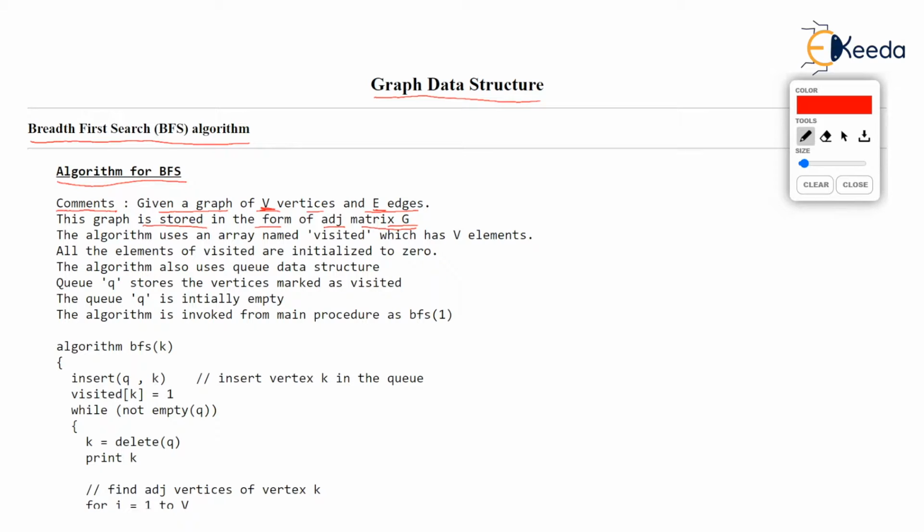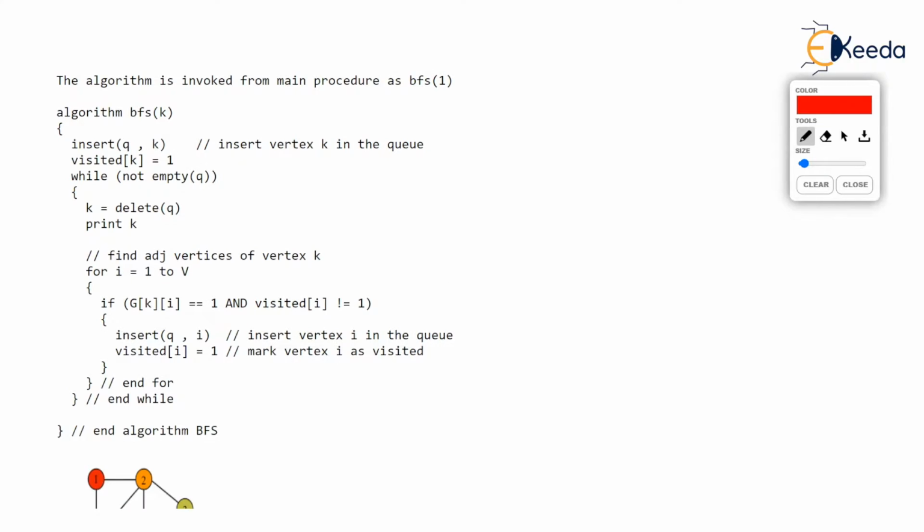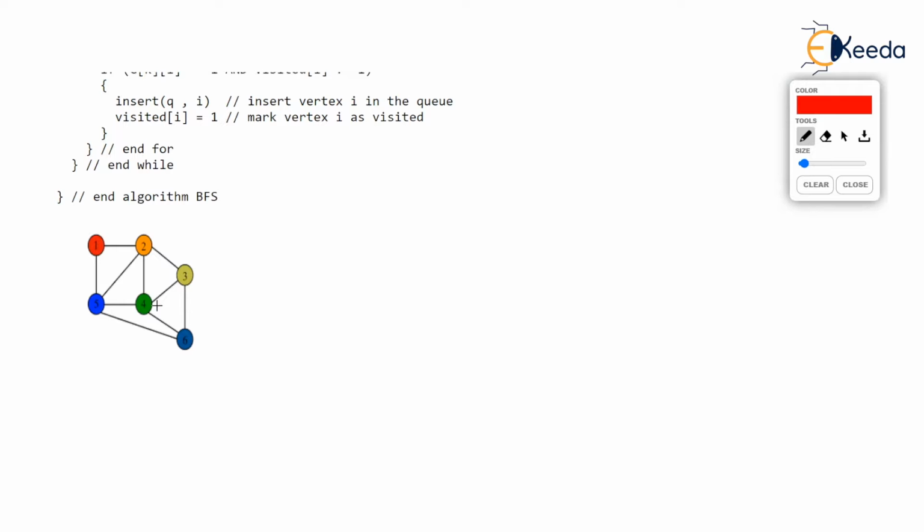So the algorithm mentioned here uses the matrix G. Clearly, the G matrix stores the adjacency of the graph. For this given graph, the adjacency matrix will be 6 by 6. It will contain 6 rows, and the elements of the matrix will be filled either with 1 or 0 depending on the adjacency.